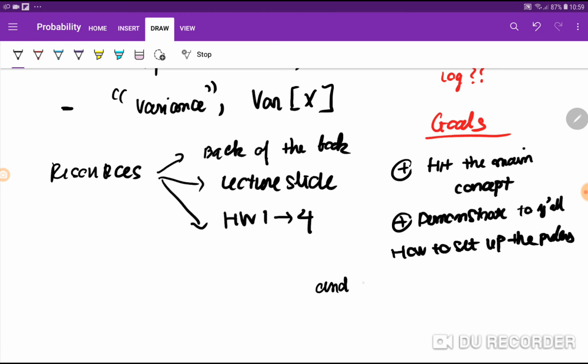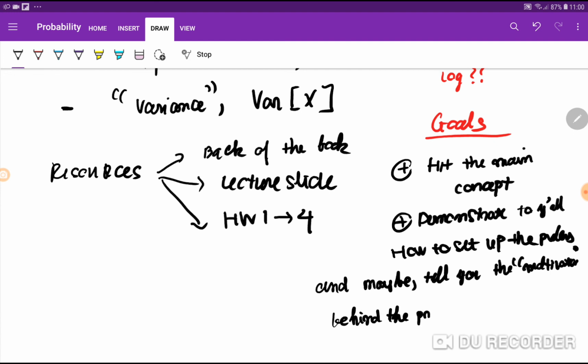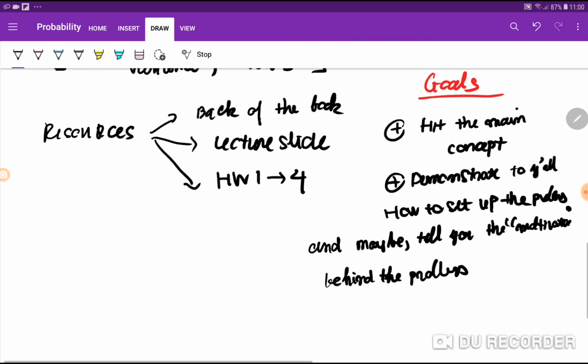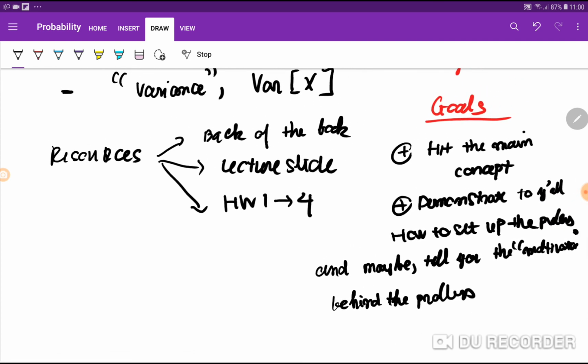And maybe tell you the motivation behind the problem. What I mean is, what's going on in the grader's or the professor's mind when he makes a problem. And my final goal, I guess, maybe derive some expressions.